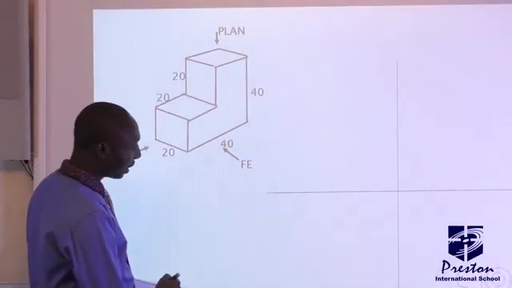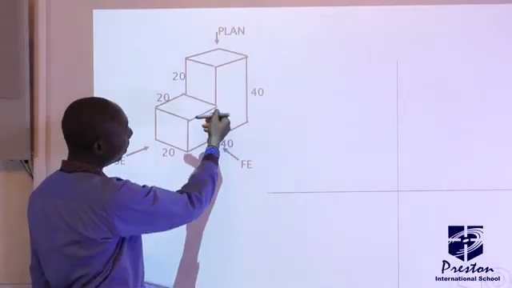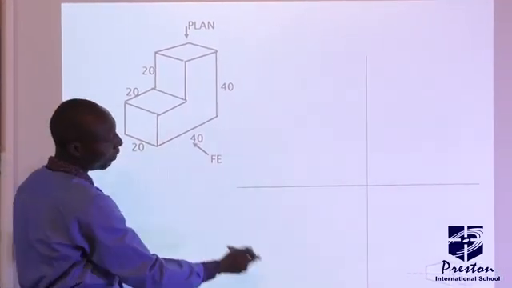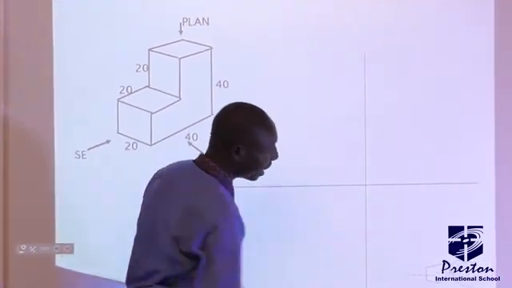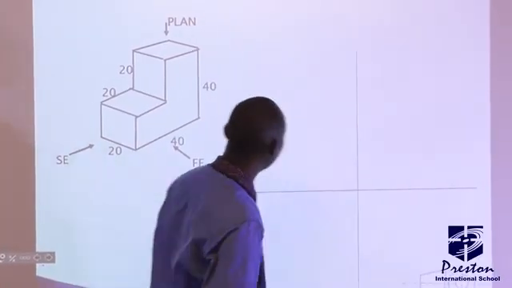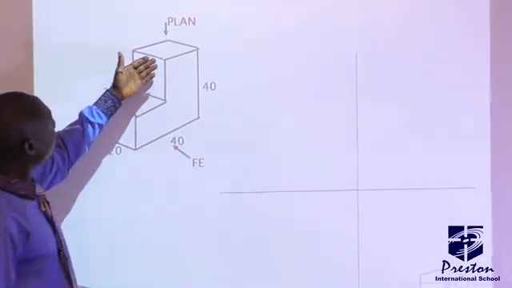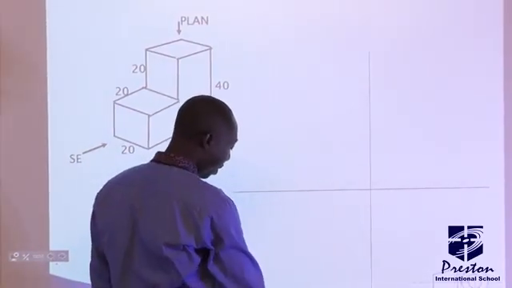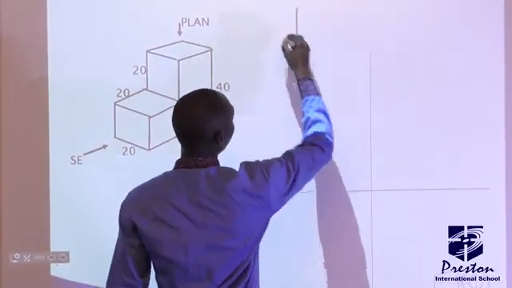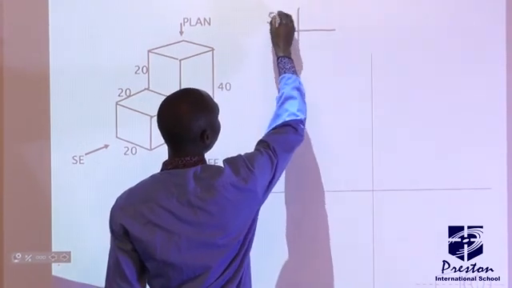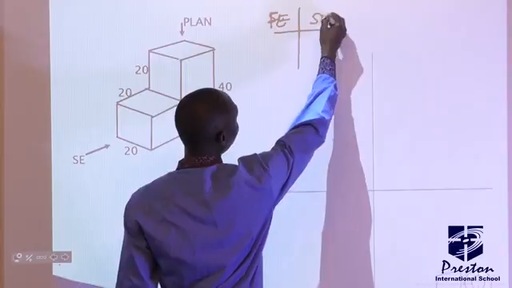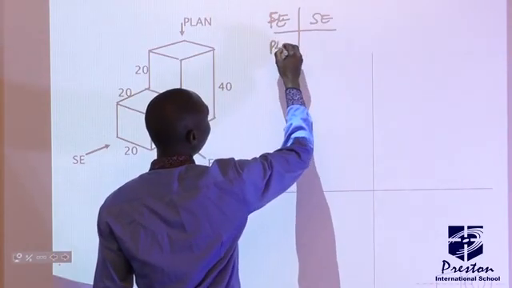So let's quickly project this one. From this block object, in first angle, this is the symbol to represent the first angle. We have the front elevation at the top. Based on the format that I showed you the other time, we have the front elevation here, the side, and of course the plan under.